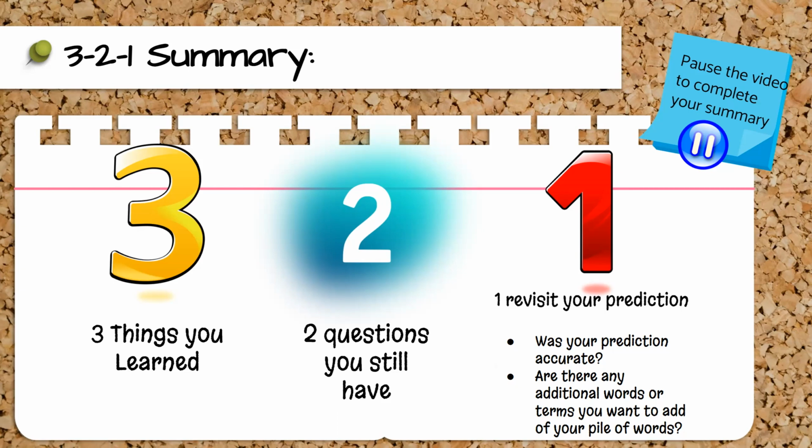And then 1, go back and revisit your prediction from the beginning of the session. Was your prediction accurate? Did we learn about what you thought we were going to learn about today? Are there any additional words or terms that you want to add to your pile of words?